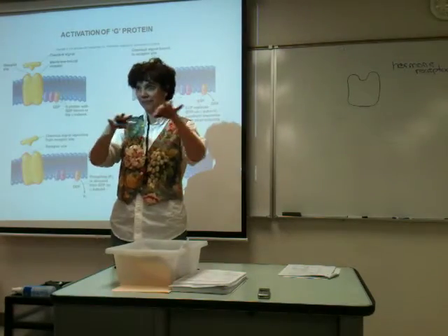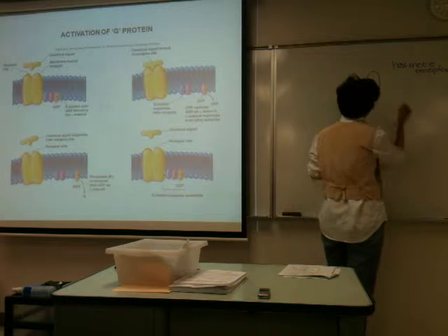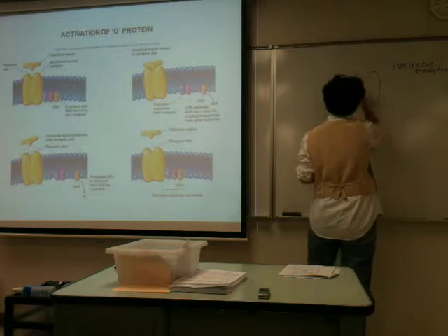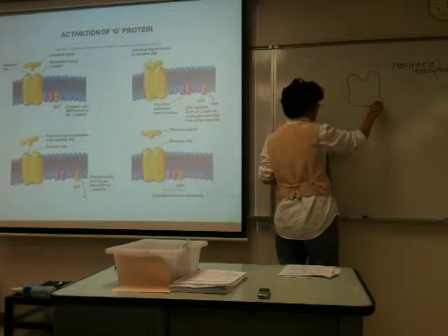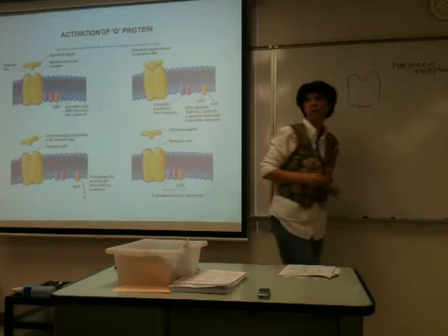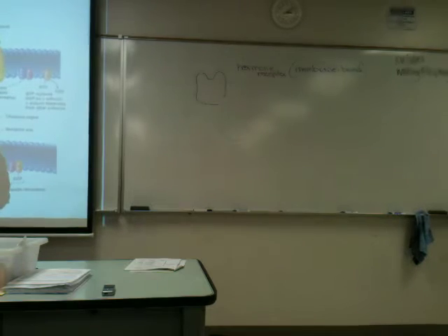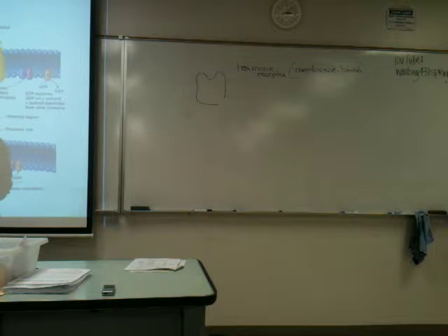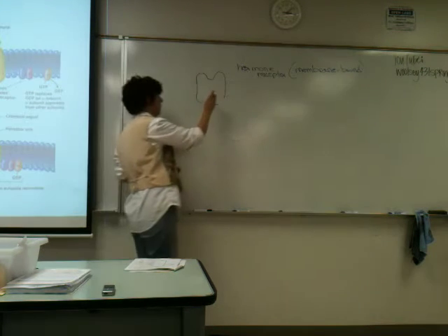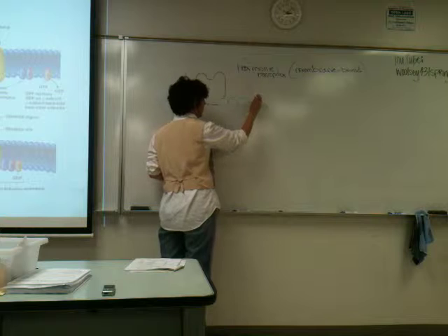It can move around. Okay? I'll use the illustration. Our G protein has 3 subunits. In the little video I show you, they have the alpha subunit associated with the hormone. So I won't be making big clarifications like this.